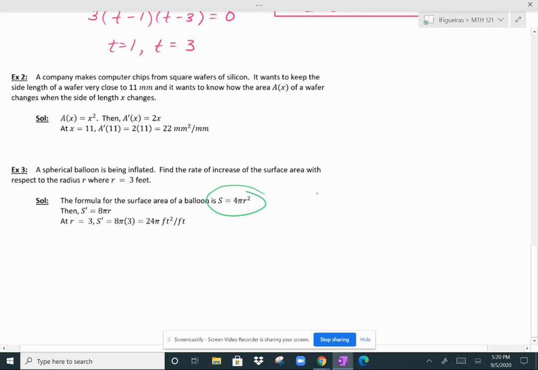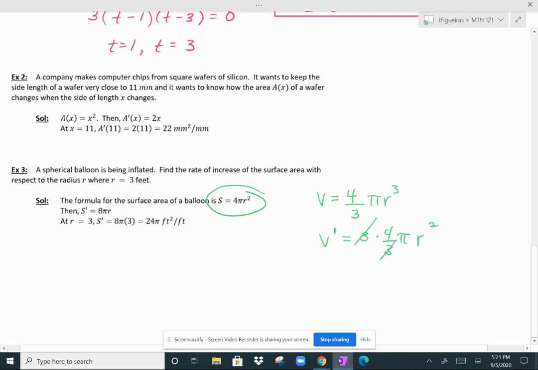So an interesting side note for you to keep in mind is that the volume of a sphere is 4/3 pi r cubed. And if you take the derivative of this, remember r is your variable and the 4/3 pi is the coefficient. With the power rule, you would multiply by 3 times 4/3 pi, subtract 1 from the exponent.